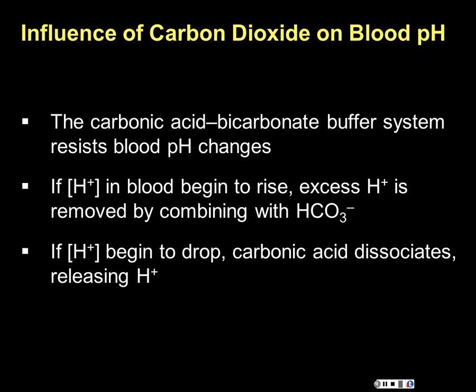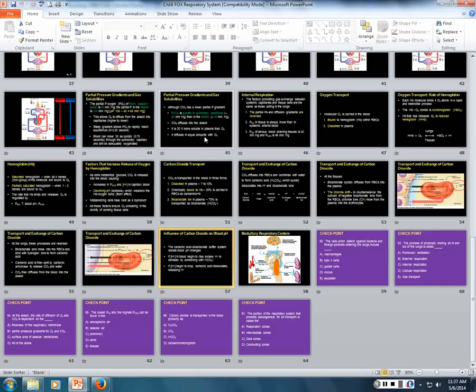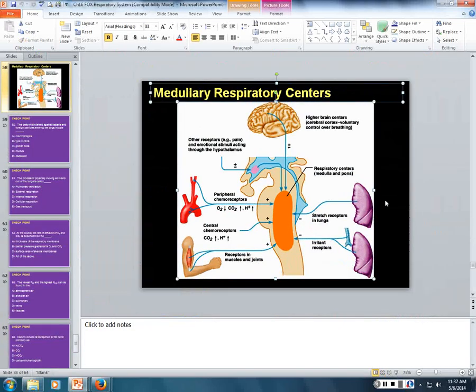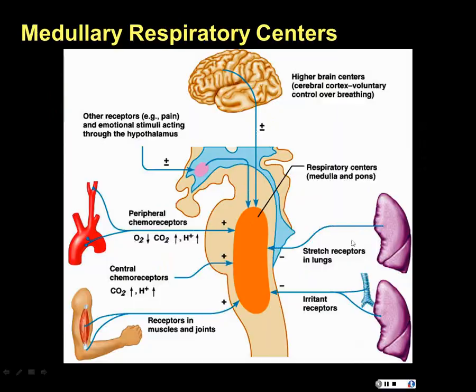Bicarbonate ions got to get converted back to carbon dioxide, etc. I'll look to see if there's a similar image in your textbook and give that page reference to you guys about the control of respiration.